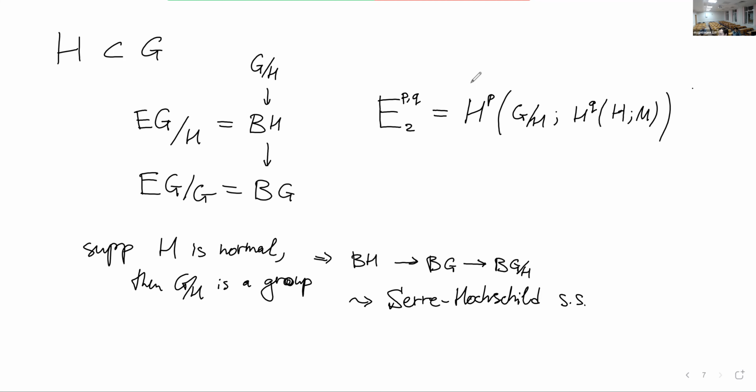So far so good. But there's one thing we need to understand. What is the action of G by H on the couple H comma M? Is there an action on cohomology?